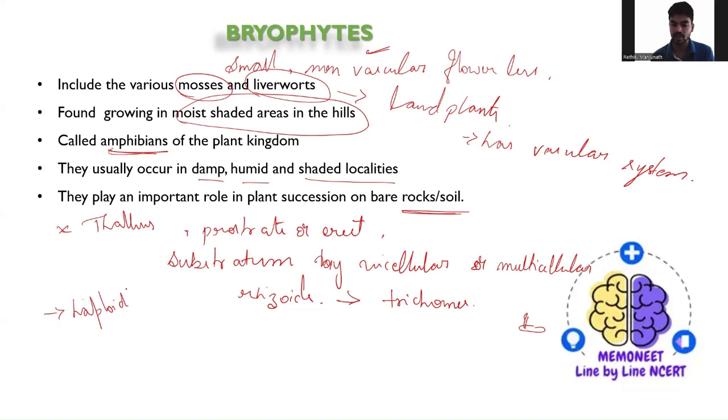That means it produces the gametes, hence they are called gametophytes. Since they produce the gametes, they're called gametophytes. Then the sex organs in the bryophytes are multicellular in nature.